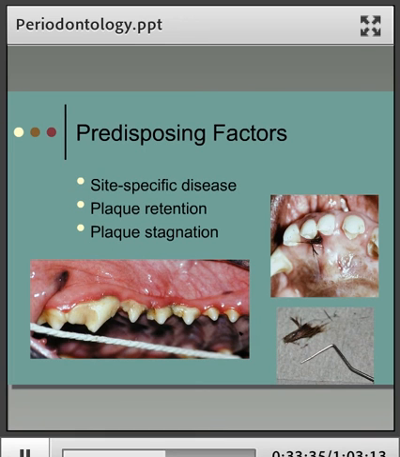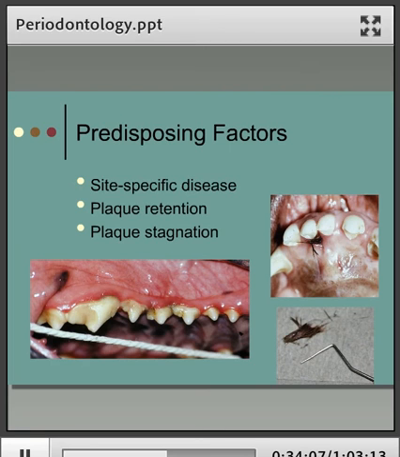The other thing about periodontitis is that it is site specific, so you don't necessarily have the whole mouth affected, although that can be the case, and it might not be all the way around a particular tooth. So in this case, for example, we have a single tooth where all three sides are perfect, but the fourth is not.